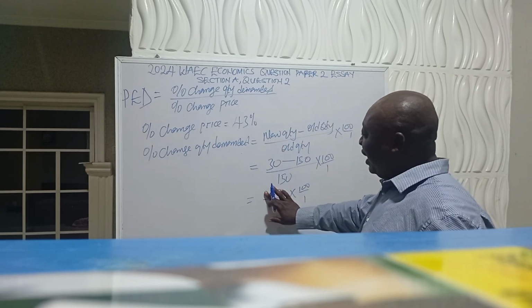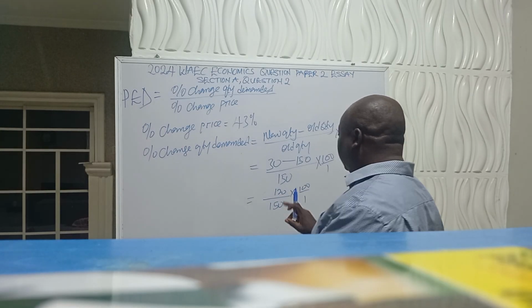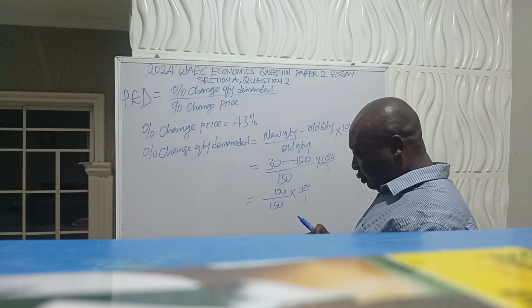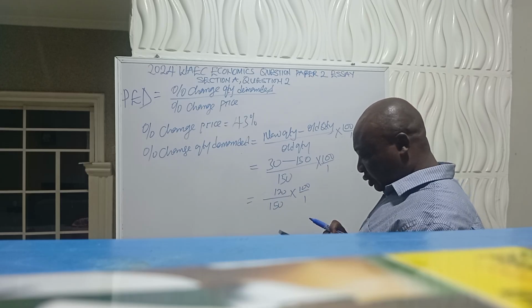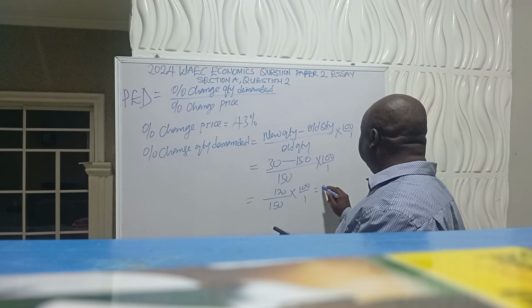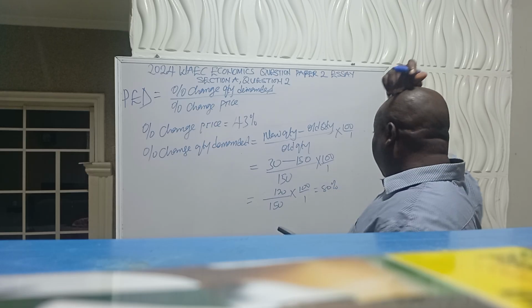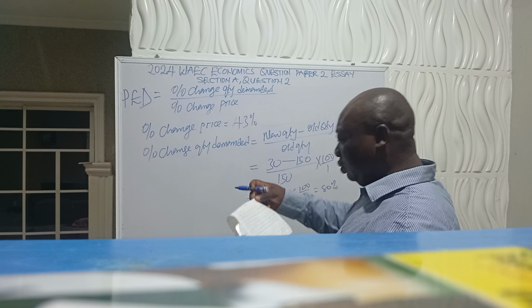This negative sign, we can ignore it. We're talking about quantity. So 120 divided by 150 times 100 will give you 80%. So that is for the second one.